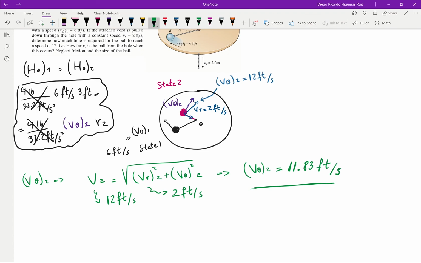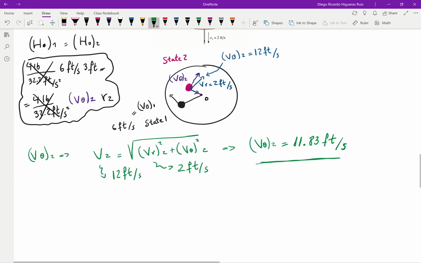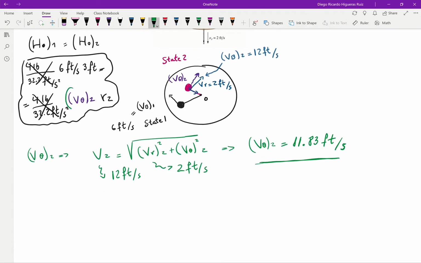Now I can solve for R2 since I have V theta 2. So if we do that, we get R2 equal to 1.52 feet.